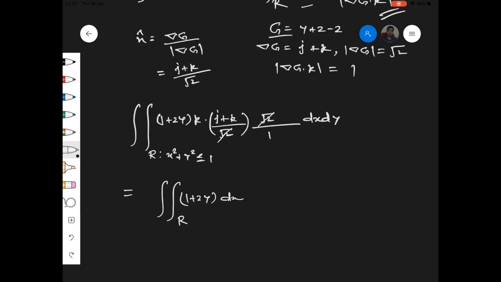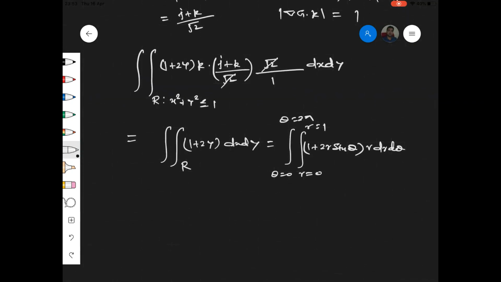For the ease of doing this integral, let's convert everything into polar coordinates: 1 plus 2r sine theta, r dr d theta, with r equal to 0 to 1 and theta from 0 to 2 pi. Let's solve this integral first for r.